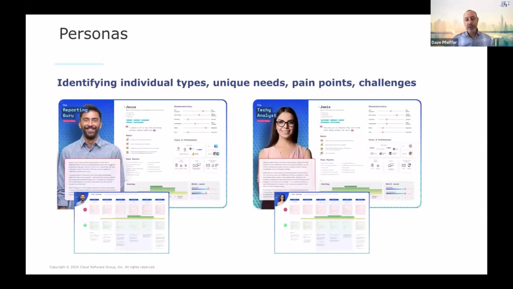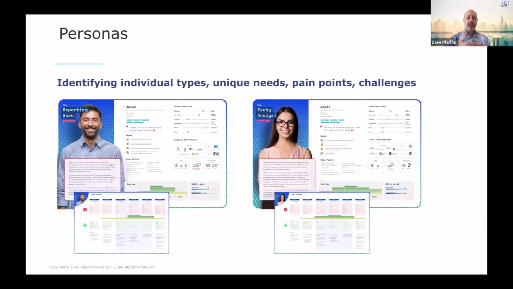What we do with some of those user types internally is build out what we call personas. We take the user types and articulate through these visuals all the things that we're hearing from them: what their pain points are, the characteristics of their personalities, of the work that they do, of the areas of the tools that they go into.